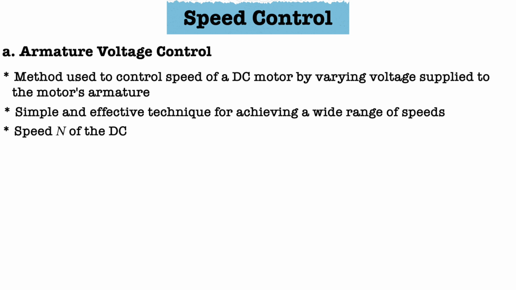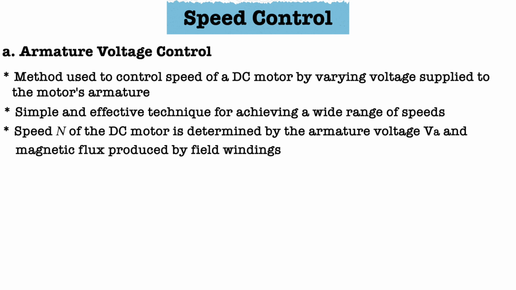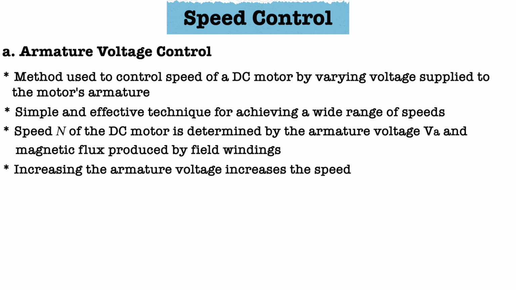The speed N of a DC motor is determined by the voltage applied to the armature and the magnetic flux produced by the field windings. The relationship between the speed and the armature voltage has been expressed as N proportional to Eb by phi, which we have seen earlier, given by Vt minus IaRa by phi. So, increasing the armature voltage increases the speed, while decreasing it reduces the speed.